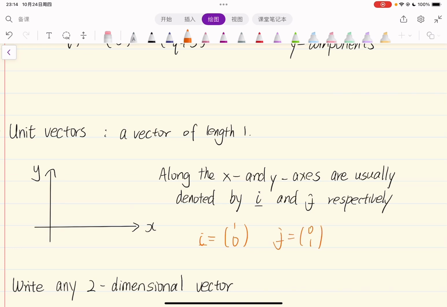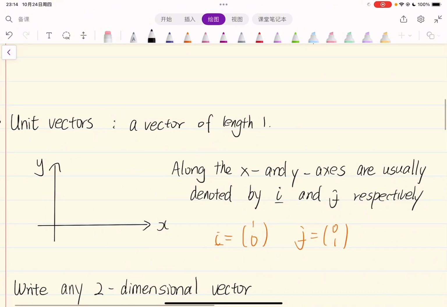So in the graph, here is the origin and here is the point (1, 0), and this vector is called i, and we have the point (0, 1).